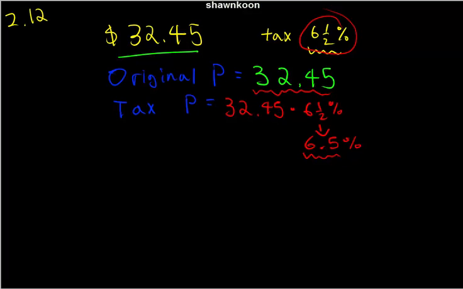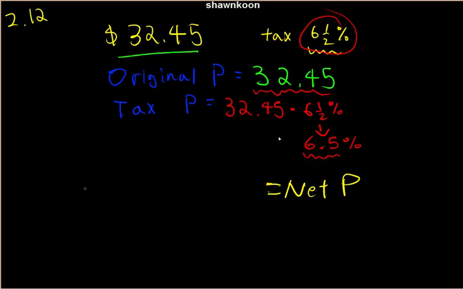The next step is to set up an equation. Since we're finding the total price, the net price, how do we find the net price? Yes, we add these two: the original price with the tax price, right?